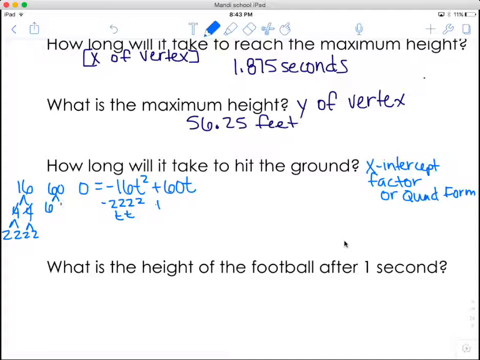Let's try 6 and 10, which is 2 and 3. And 10 is 2 and 5. So that's 2 times 2 times 3 times 5t. So what can we take out of both of them? 2 2's and 1 t.